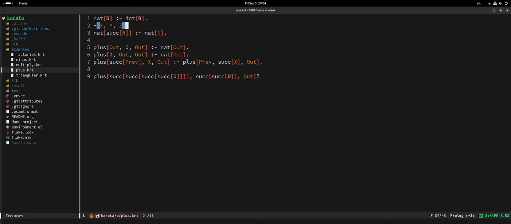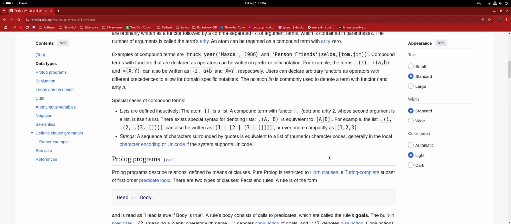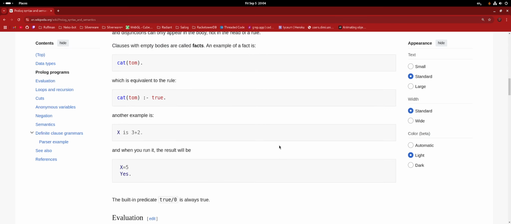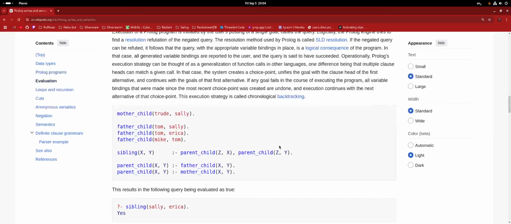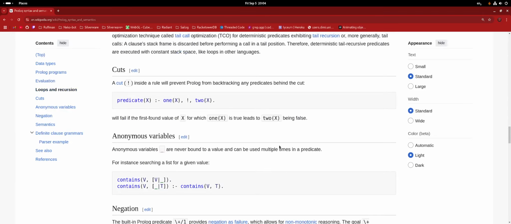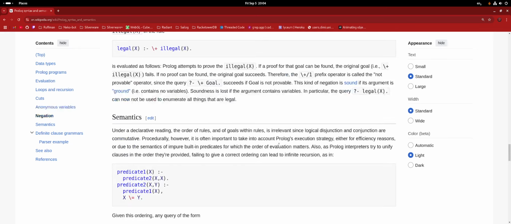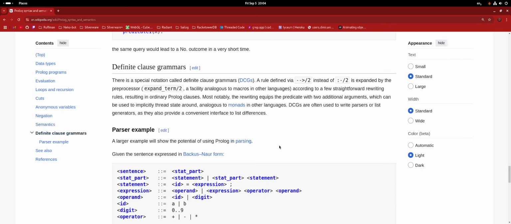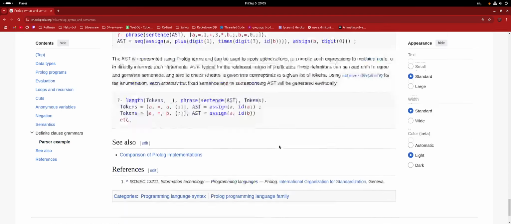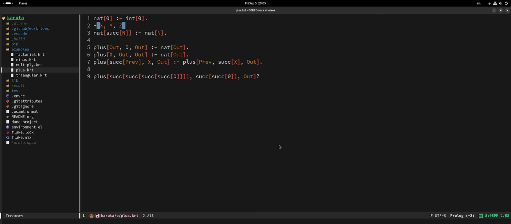It's literally just called plus, but if you want to use it with the normal predicate syntax, you actually have to quote it, because otherwise it's going to try to parse it as an addition expression.